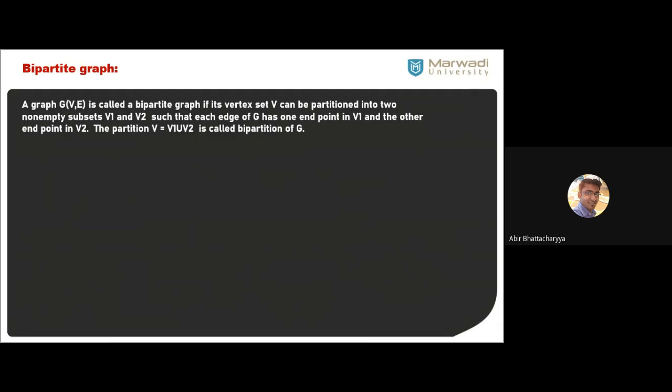Joining a vertex to itself is not allowed, like V1 to V1, because it becomes a self loop. Self loops are not allowed. Even parallel edges are also not allowed. What were you actually asking, Burhanuddin? Please tell me again.